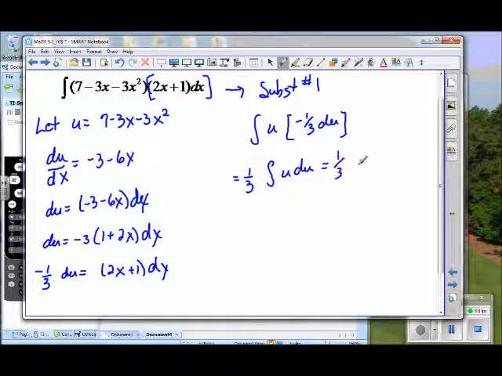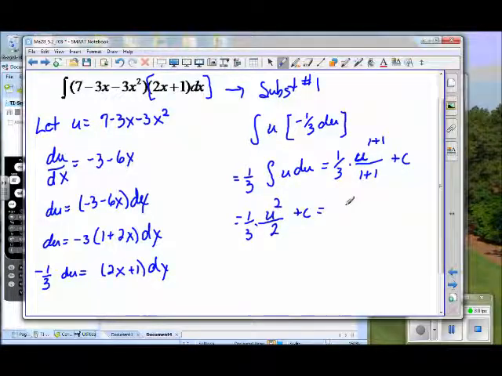The indefinite integral is 1/3 times u to the 1 plus 1 power, divided by 1 plus 1, plus c. Or simply, u squared divided by 2 times 1/3 plus c, or u squared divided by 6 plus c.